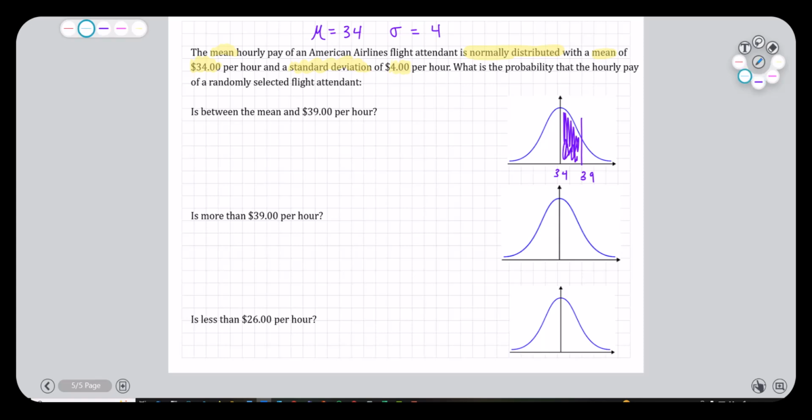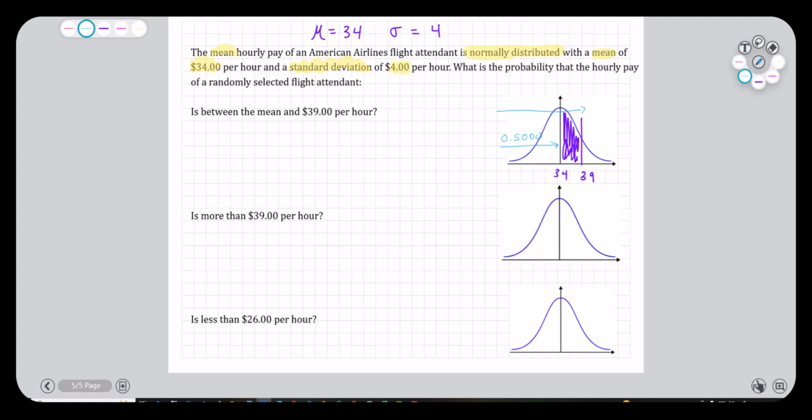Now, how you could find that area: you could find the area all the way at the bottom up until that line, and then subtract this area, which you already know is 0.5000. Normally we put it in 4 decimals because this is half, and both halves have to add to 1. So if we cut 1 in half, that's the 0.5.